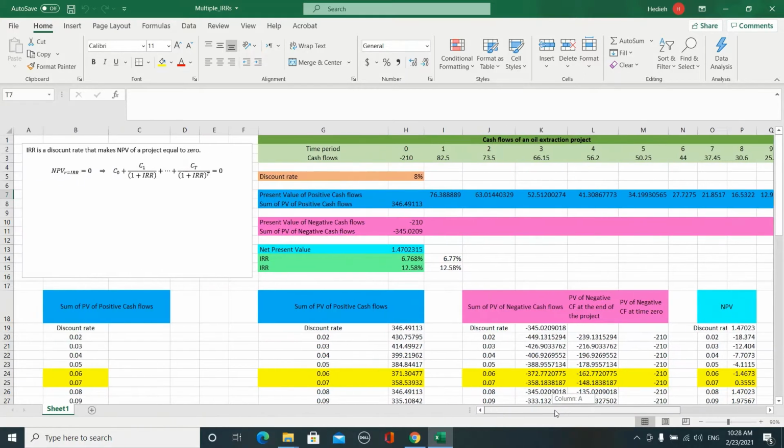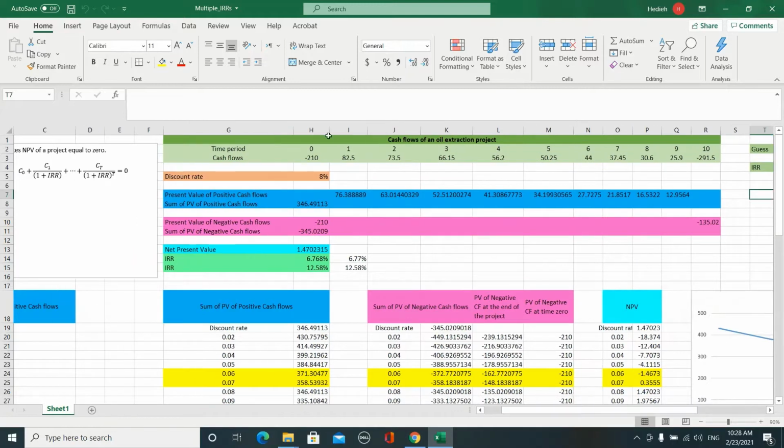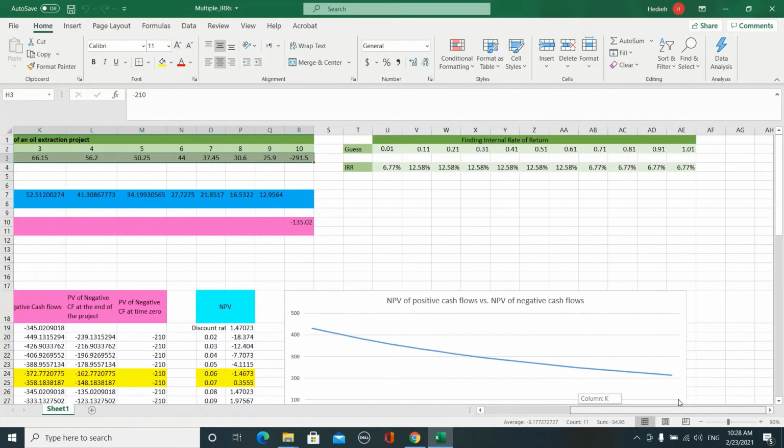So first, I want to find the internal rate of return. If you have more than one internal rate of return, I want to find internal rate of returns for this project. How do we do that? So we have the cash flows of the project. I create a table.